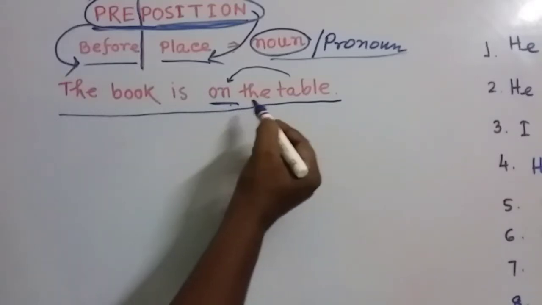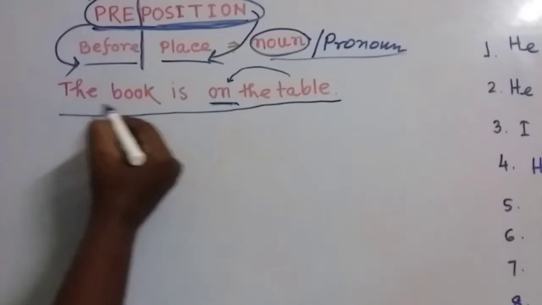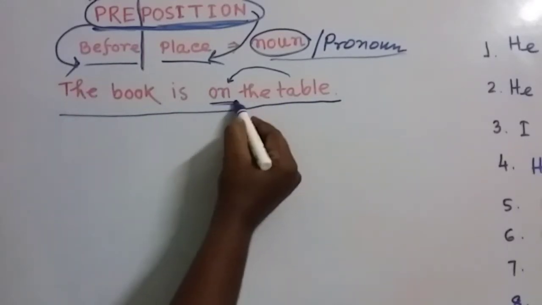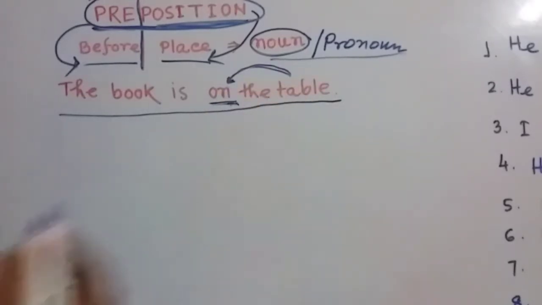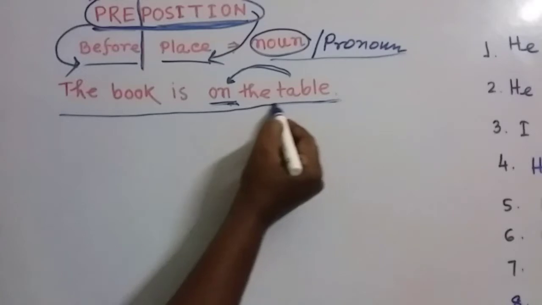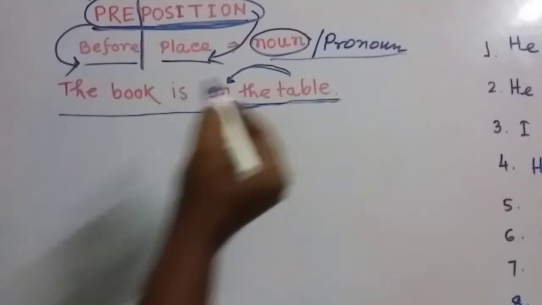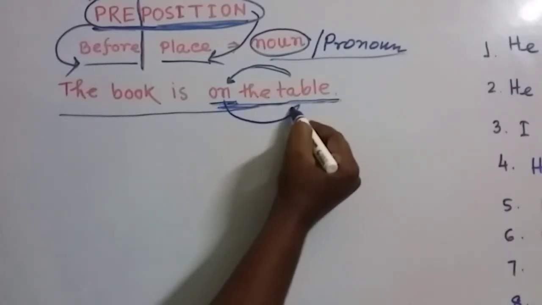Just like this one, here we have used the preposition "on," and the sentence is "The book is on the table." So "on" is the preposition and it is placed before the noun "table." My dear friends, so it has become a prepositional phrase, and this noun is the object of this preposition.